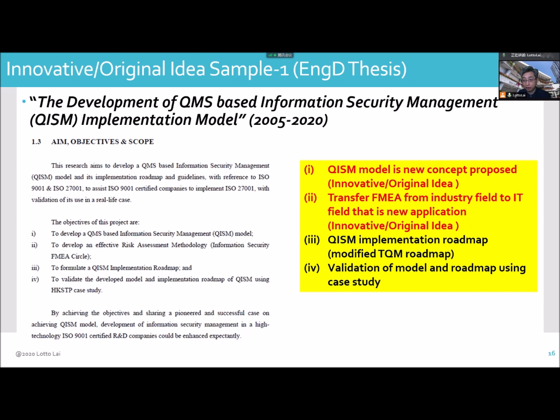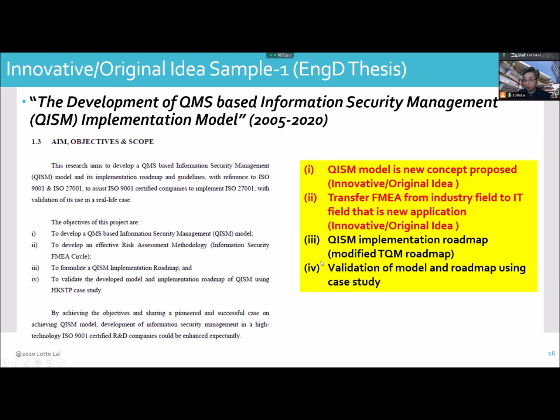It's an innovative idea because FMEA is very familiar in the manufacturing industry. But when I made some amendments and enhancements, it became an information security management tool for the IT sector, which was very new at that time.